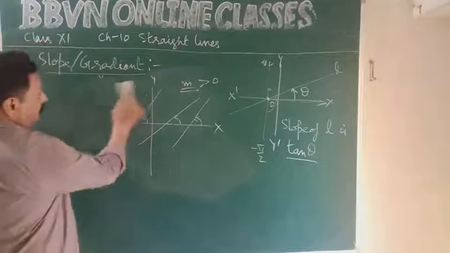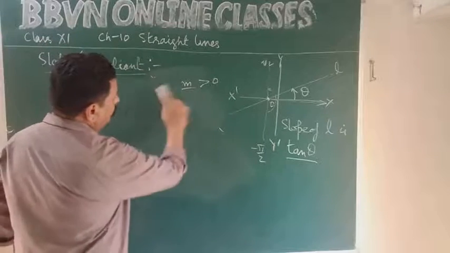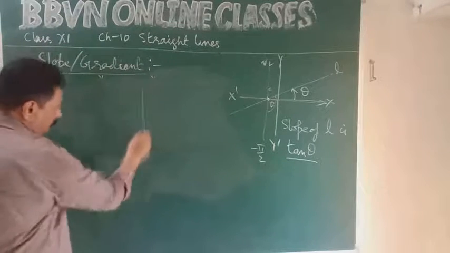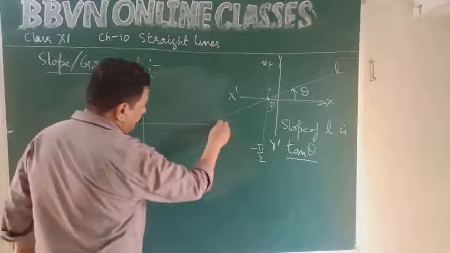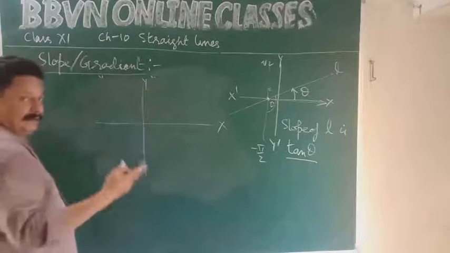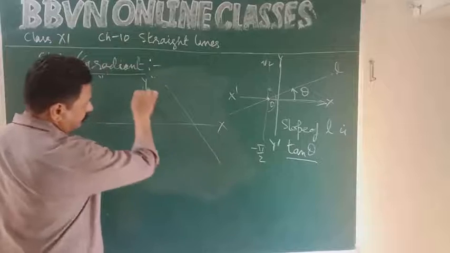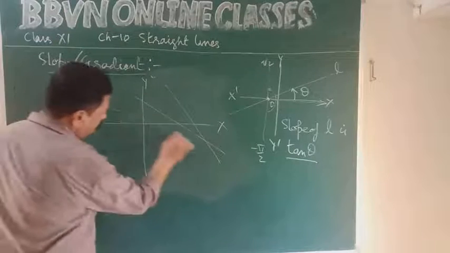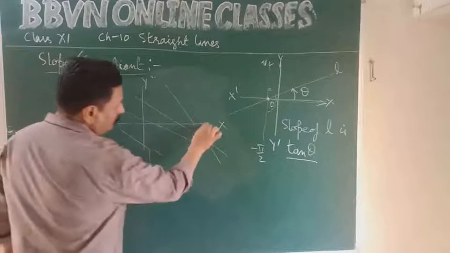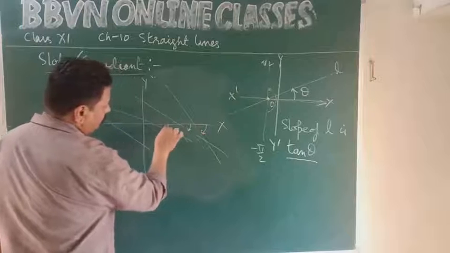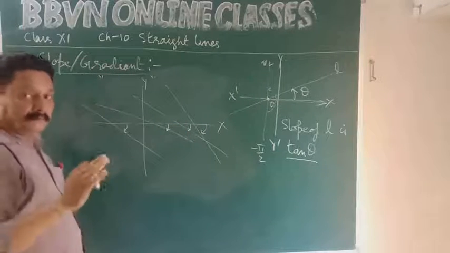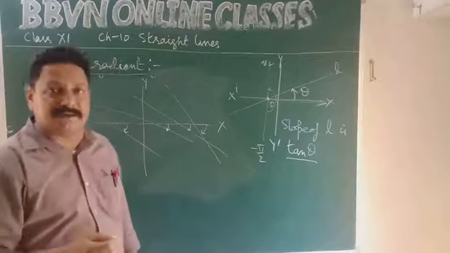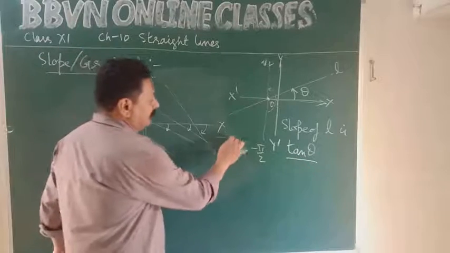If the lines are inclined with the positive direction of x-axis in clockwise direction, so all these angles, they are acute but in clockwise direction, negative angle minus theta.